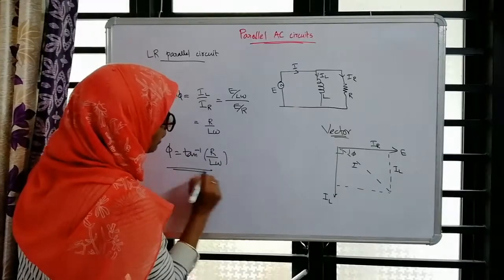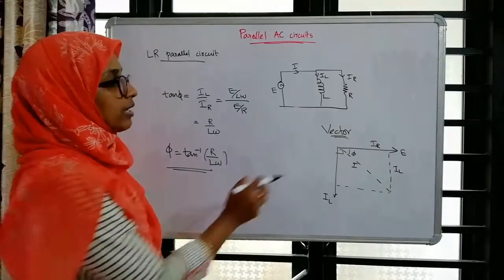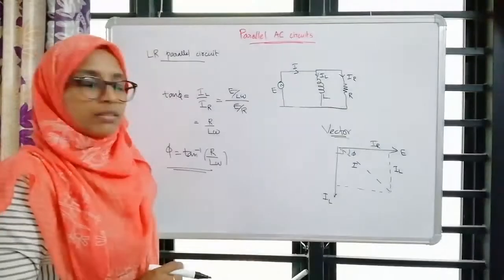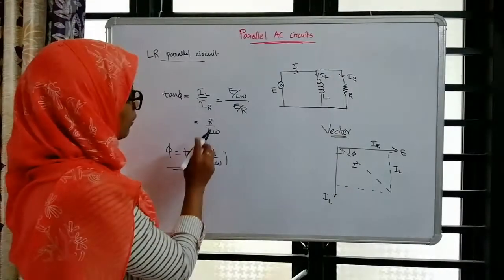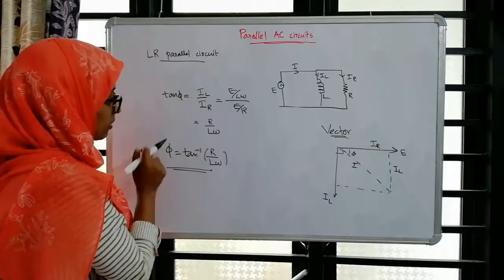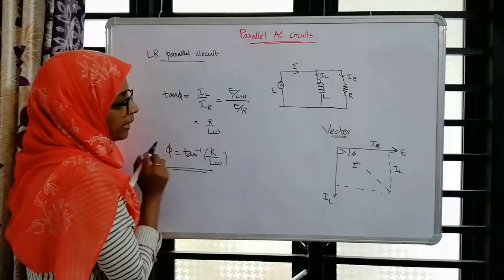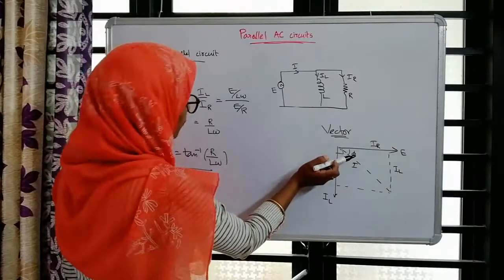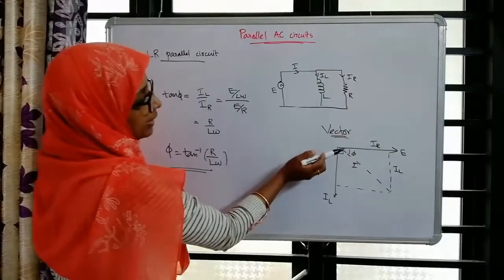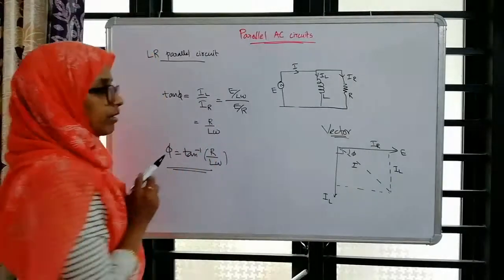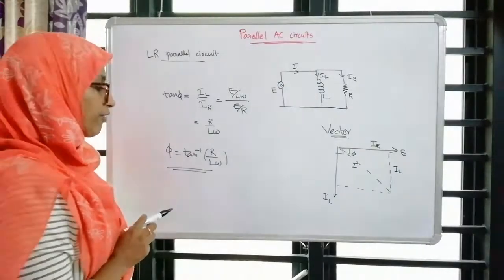So we can easily obtain these quantities from the vector diagram rather than considering Ohm's law and so on. And phi is equal to tan inverse R by L omega is the phase angle by which the alternating current and the EMF differ in phase.